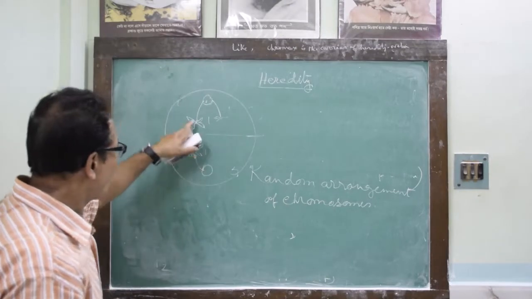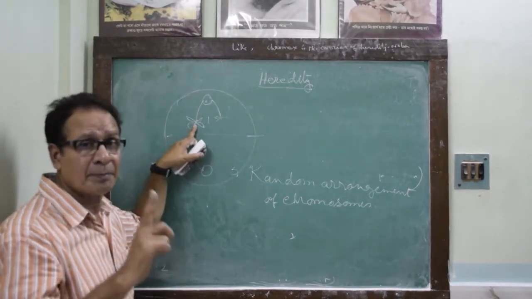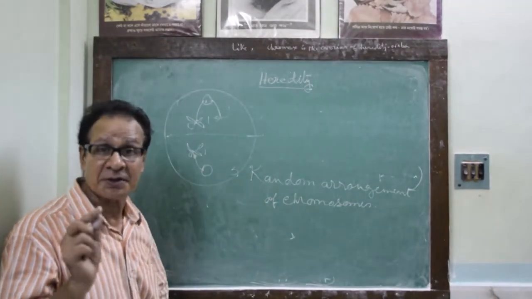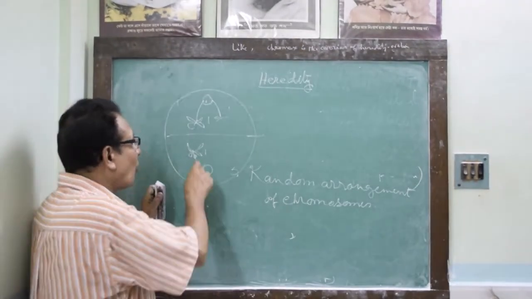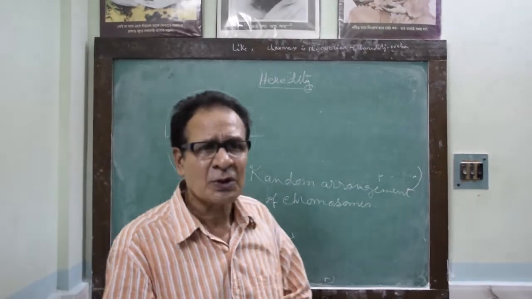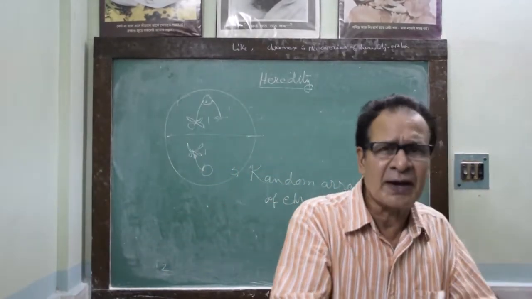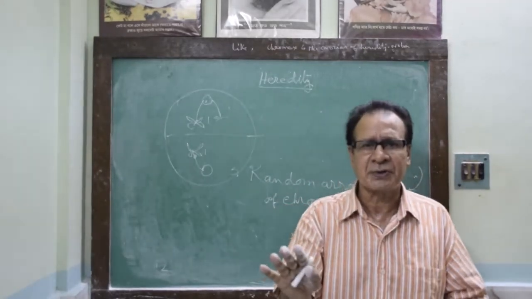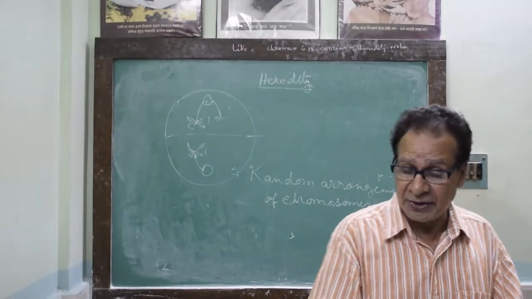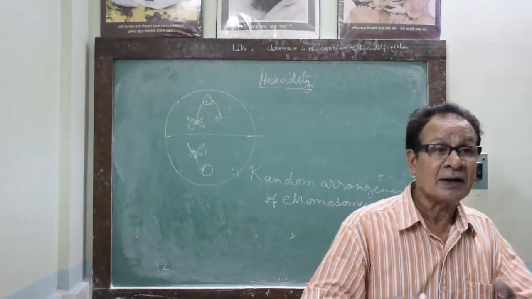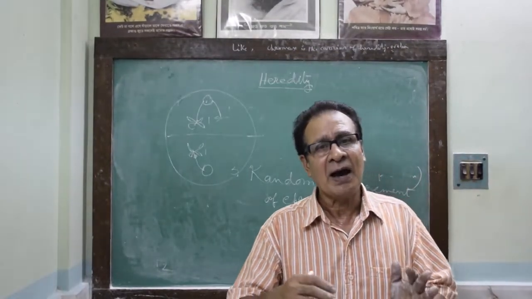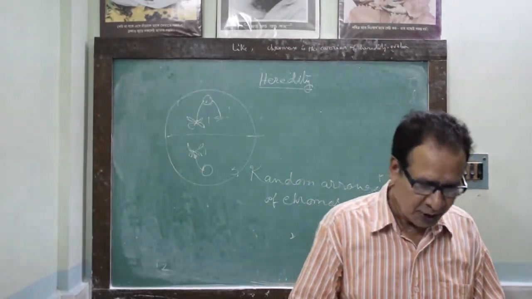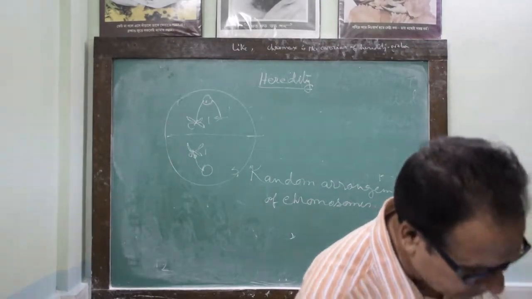These two homologous chromosomes, one from the father's body, that is paternal, and the other from the mother's body, that is maternal. But all the paternal chromosomes never arrange on one side and all the maternal on the opposite side. As they arrange randomly and ultimately the gametes are formed, and by the union of these gametes the offspring are produced, new characters appear.